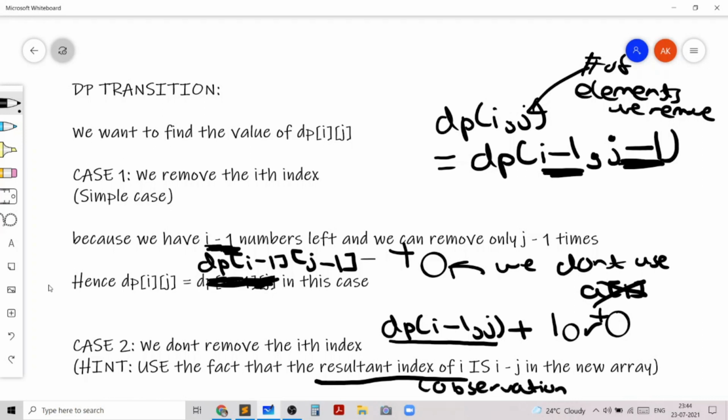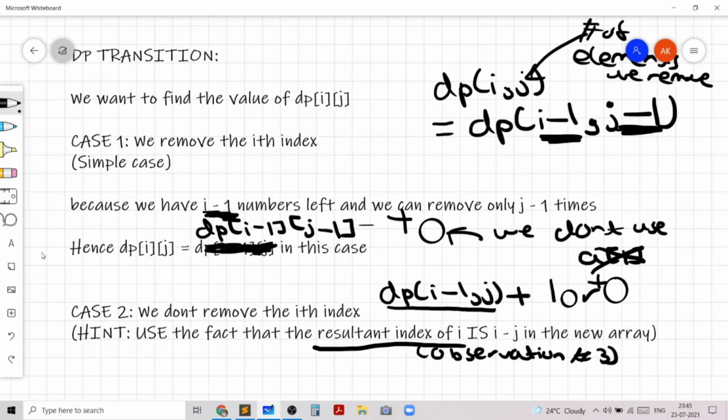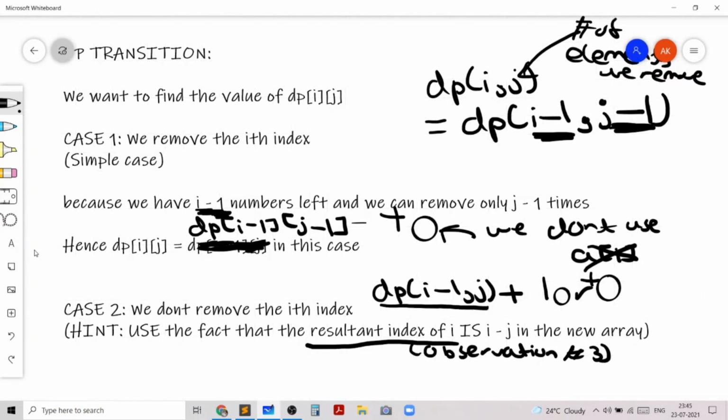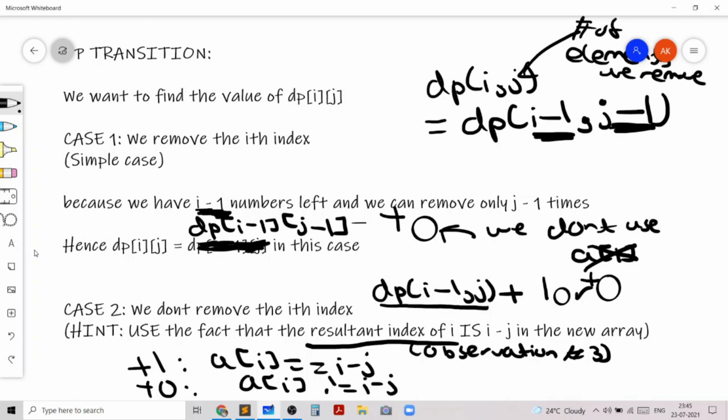So in observation number 3, we saw that the resultant index of i will be i minus j, and hence we use that resultant index to figure out a plus 1 or a plus 0. Plus 1 will happen when e_i is the same as the resultant index, and plus 0 will happen when e_i is not equal to the resultant index.